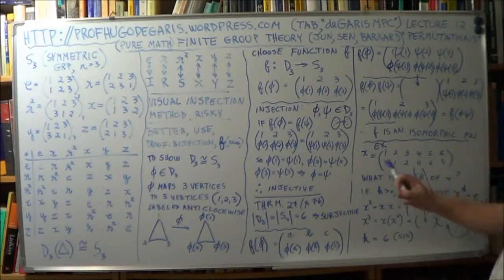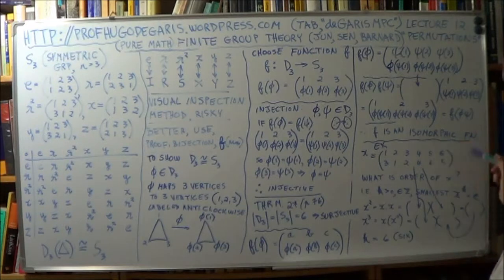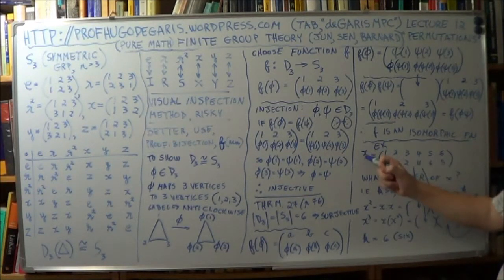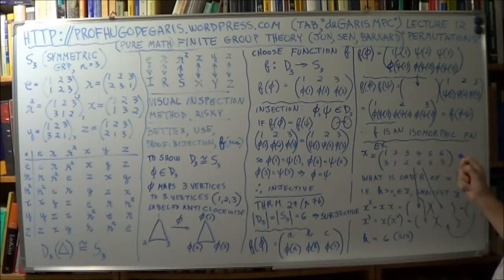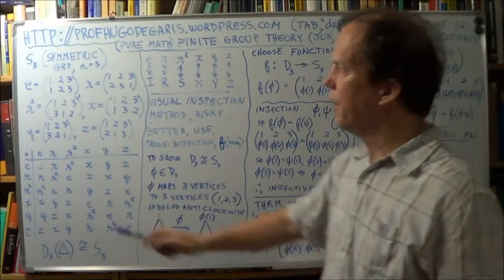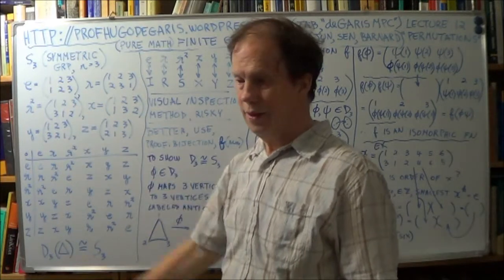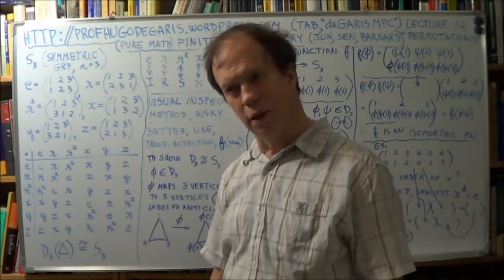So here's a permutation of six objects, and it's a particular permutation. 1 goes to 3, 2 to 1, and so on. This permutation x will be a member of S6, right? Now, how big a group is that?